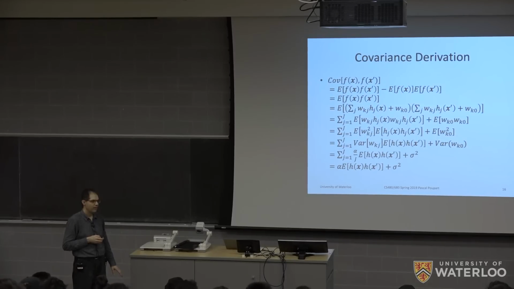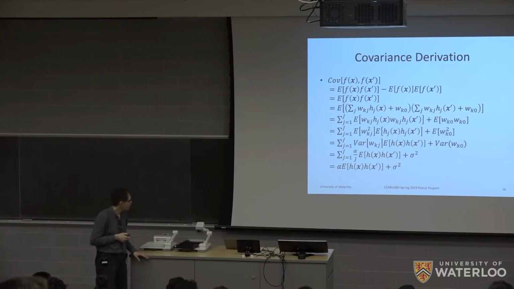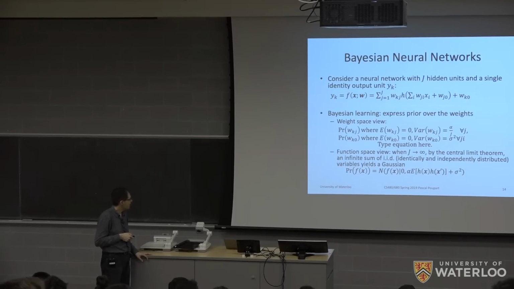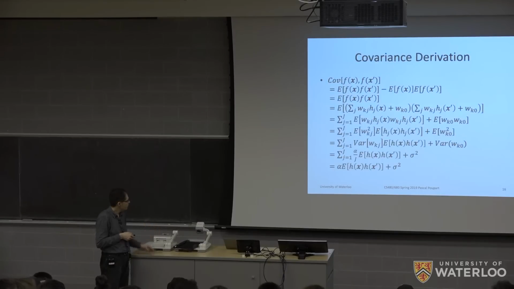Okay. And perhaps one thing that's interesting to note is that here, when I assume the following variance, this was so that when I do this derivation, I arrive at this expression.